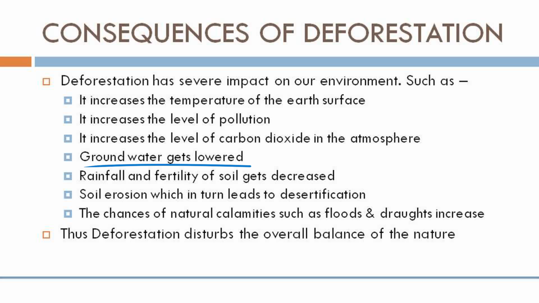Rainfall and fertility of the soil also decrease. Soil erosion, which in turn leads to desertification, is also a major consequence of deforestation. The chances of natural calamities such as floods and droughts increase in deforested areas. Thus, deforestation disturbs the overall balance of nature.